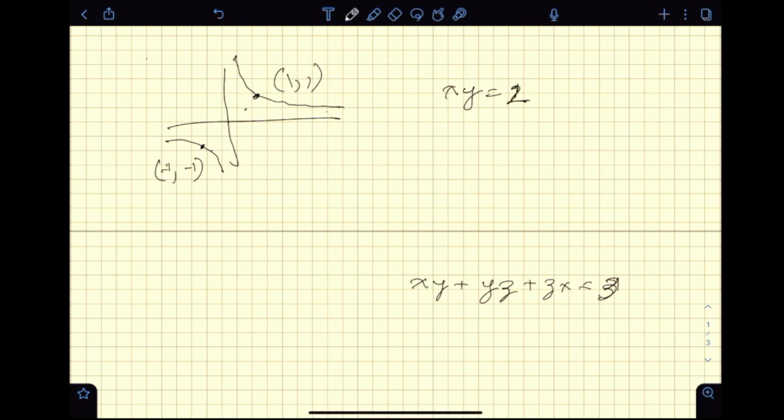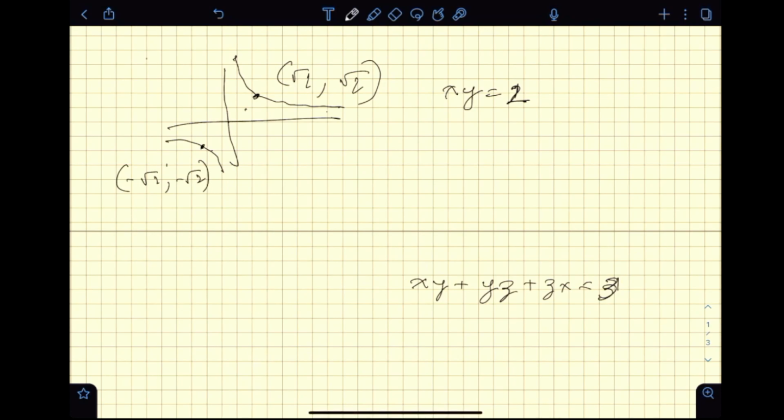But that doesn't make any difference, because in that case, this would be square root of 2, square root of 2. And this one should be minus the square root of 2, minus the square root of 2.